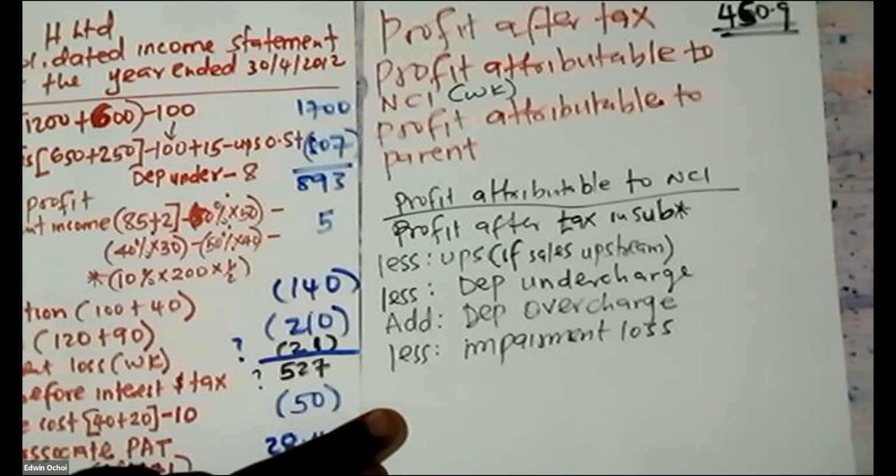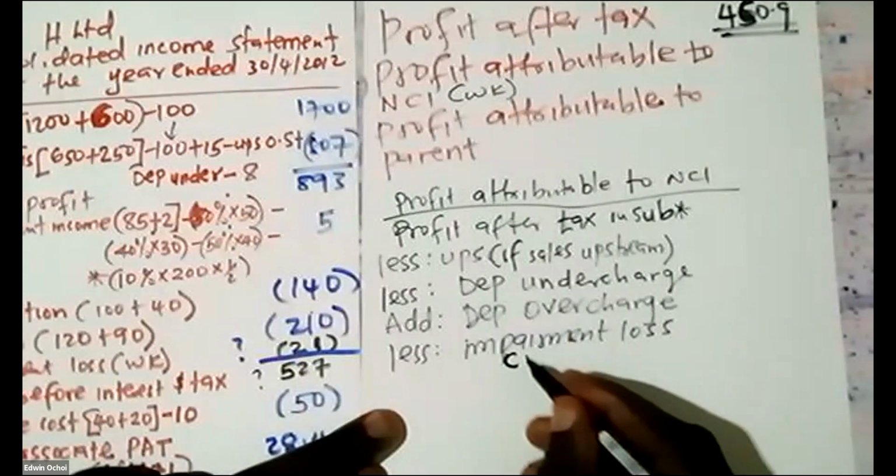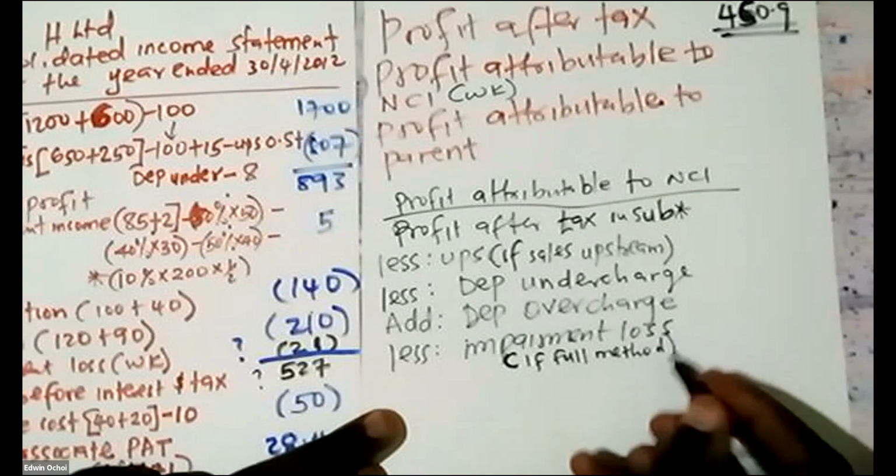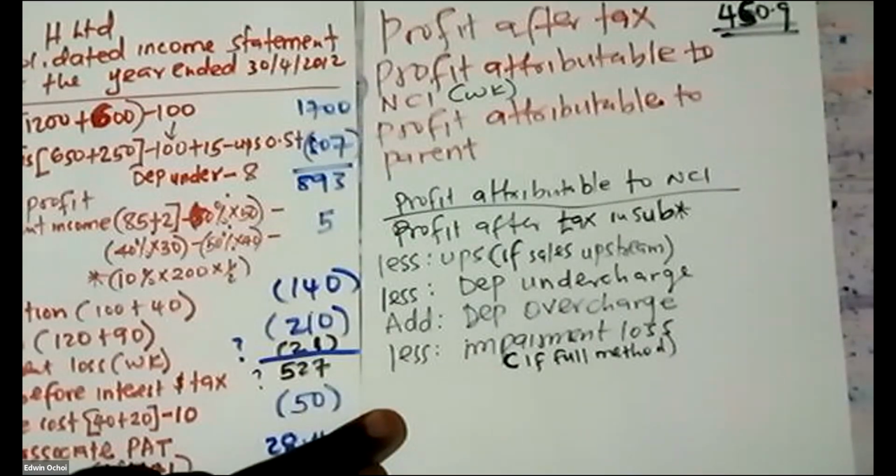Then if there's an undercharge concerning depreciation, depreciation is an expense. If you are understating that expense, profit is more. So to correct that, you subtract. If there's a depreciation overcharge, it means that you understated the profit. So you add back. Then impairment loss you raise, because that is an expense which has not been adjusted in any manner. But for this to be applicable, we must have used the full method to compute goodwill. Because now the goodwill from full method is for the parent and this NCI.